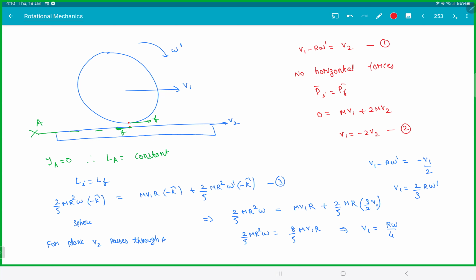Anyone not clear with any particular step here? Please ask. Clear?